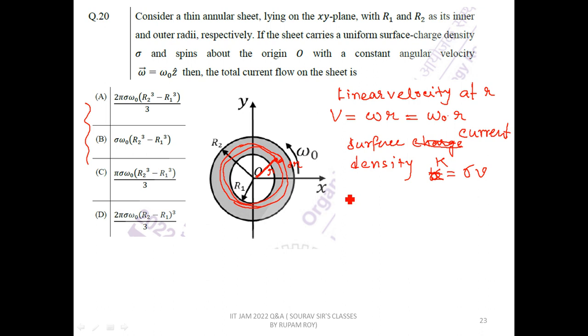So total surface current I surface is equal to the integration of surface current density, K dot ds.